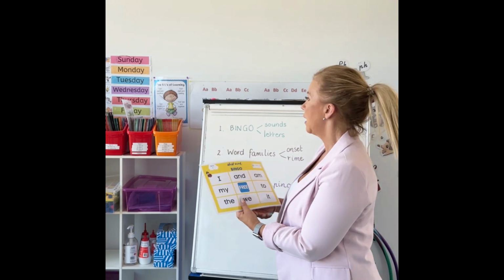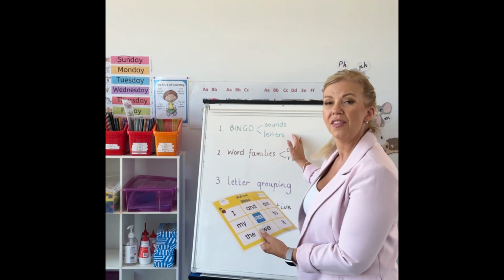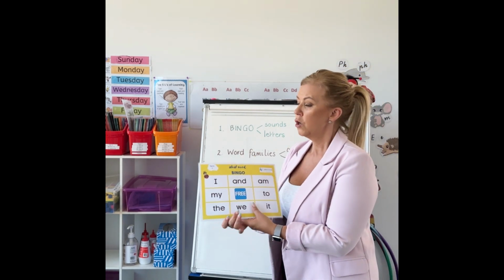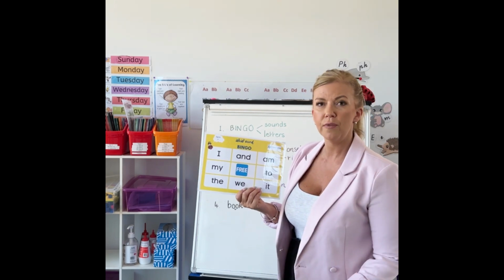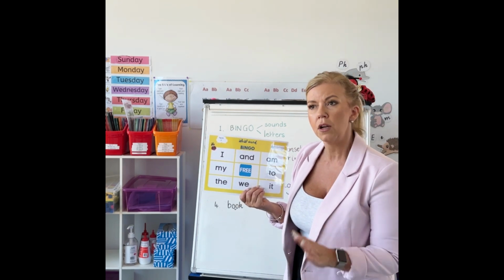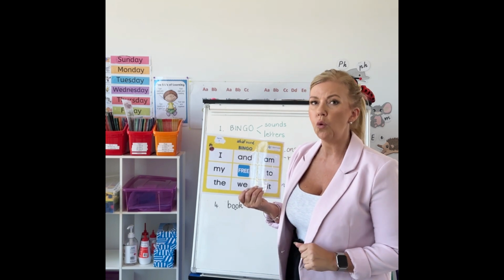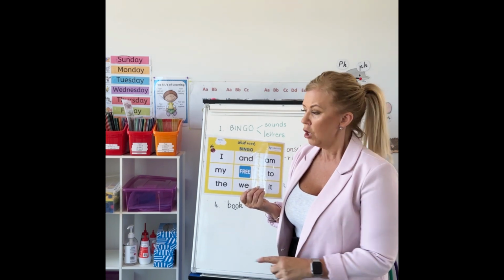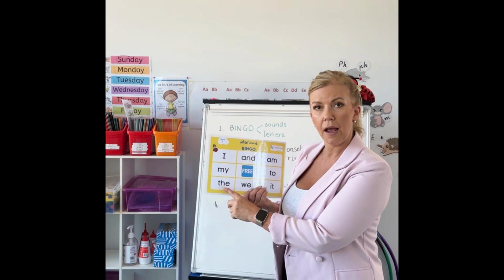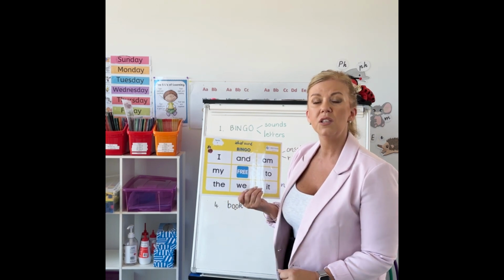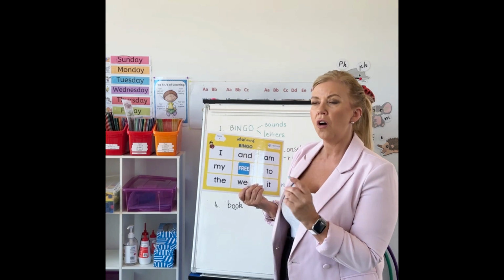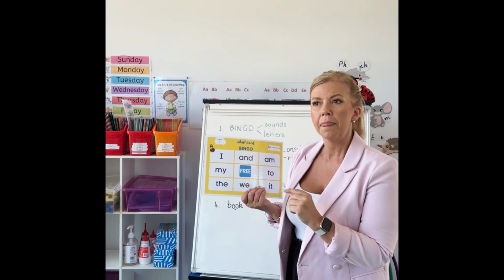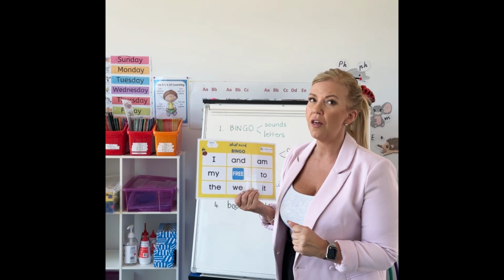Or you can play bingo with the letters. So, for example, with the word the, there are 3 letters, and we would talk about not only the sounds, but also the letter names. So we would say T-H-E spells the. Now, the sounds of T, H, and E are very different to the word the.